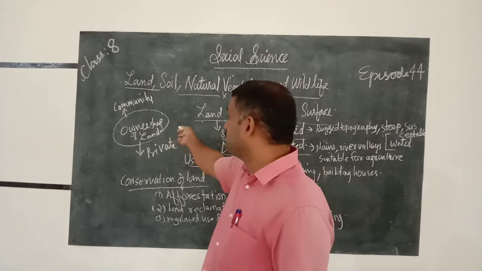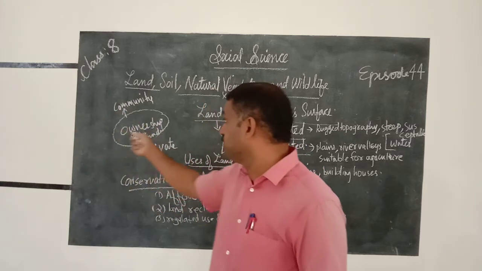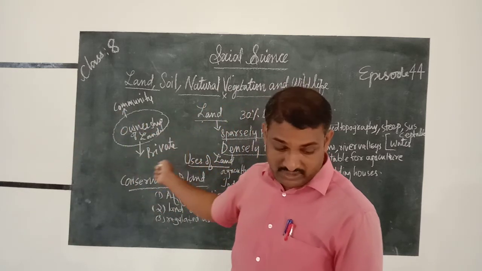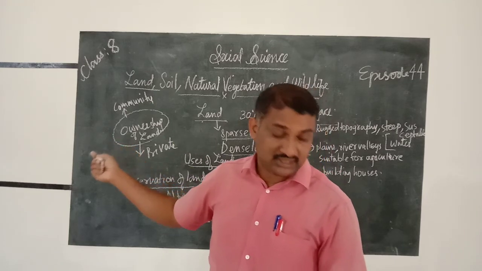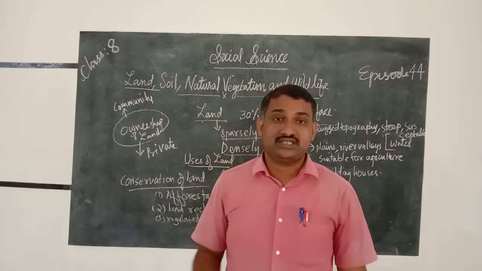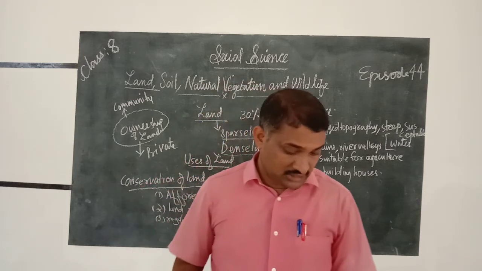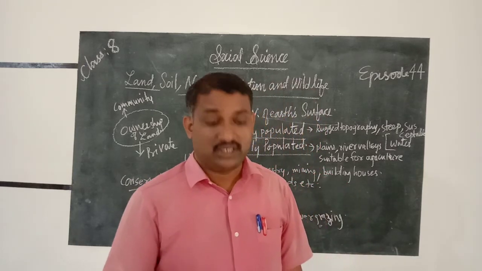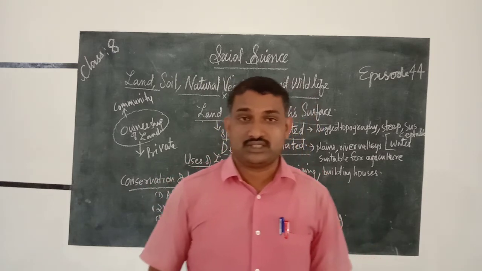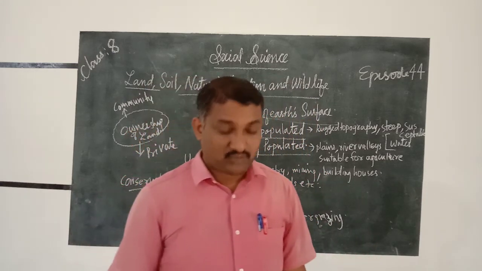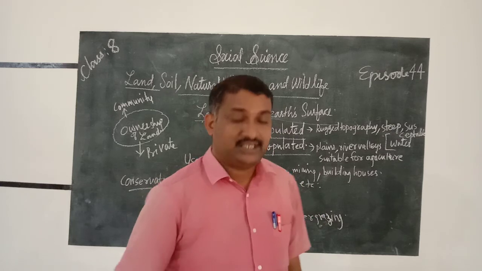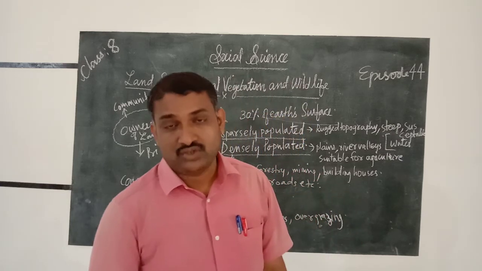On the basis of ownership, land can be divided into community land and private land. What is community land? What is private land? Then what is soil? Next, factors of soil formation, degradation of the soil, how can we conserve against soil erosion, the importance of water, the water cycle, problems of water availability, and natural vegetation and wildlife.